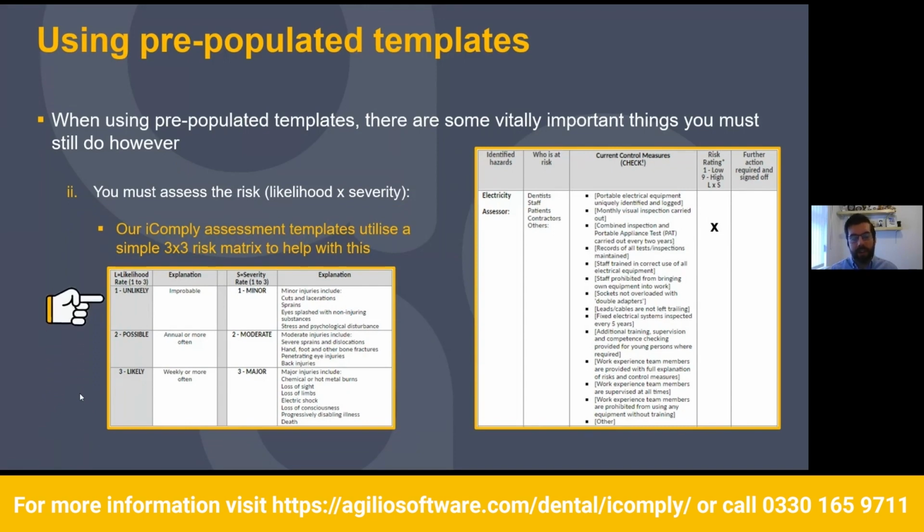To judge the likelihood score, you need to look at all the controls that you've got in place right now, at the point you're doing the assessment, to determine: are those controls suitable and sufficient? So as an example, if you haven't done your 5-yearly electrical installation condition report, or fixed wire testing as it's sometimes referred to, that is a big control measure.